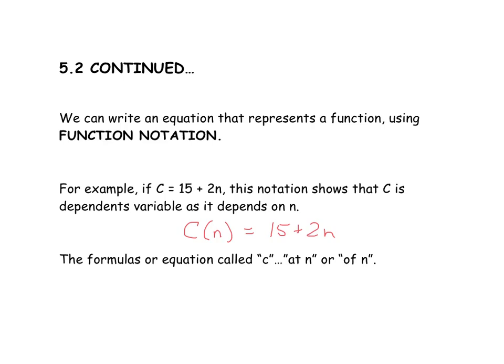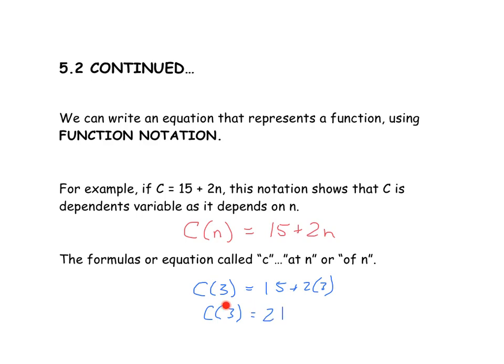The way you would say it is, here is a formula called c of n, or c at n. And basically what you're doing is, when n is a specific value, let's say n equals 3, so let's do that. If n is equal to 3, you would write 15 plus 2 times 3, which is c of 3 equals 21.